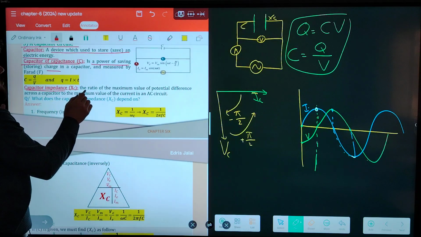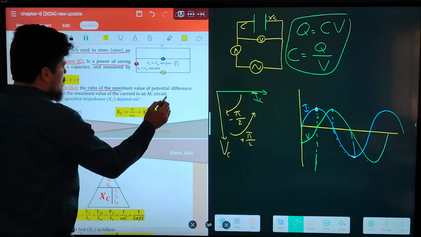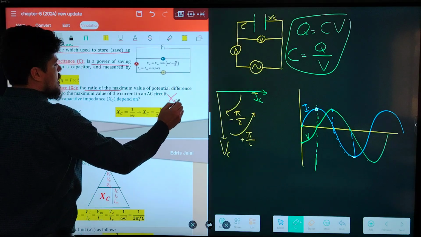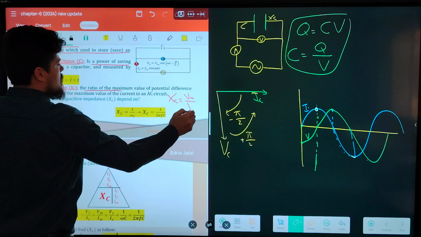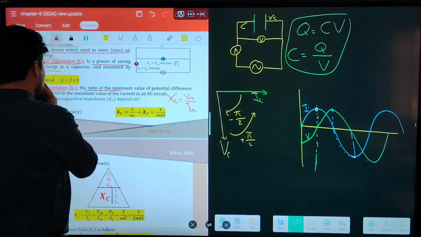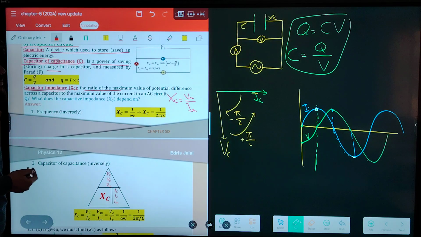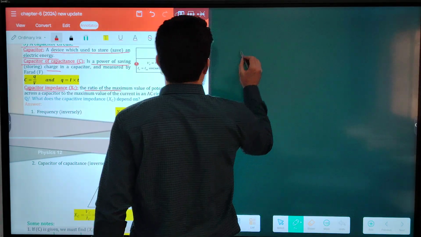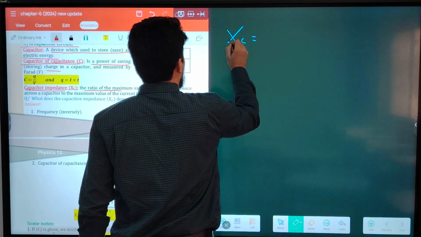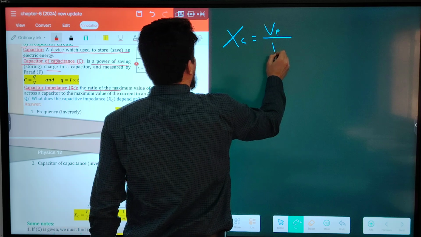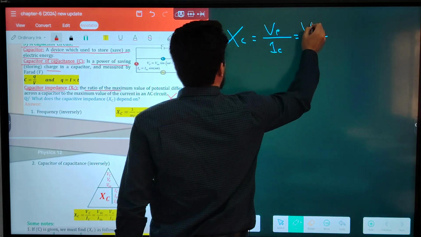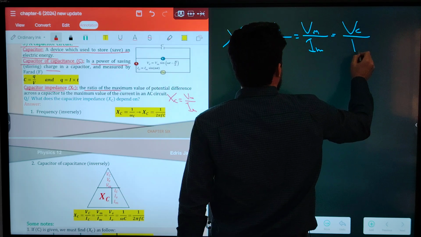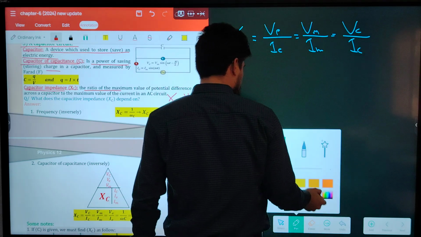What is the capacitor impedance? The ratio of the maximum value of potential difference to the maximum current. XC is equal to Vm over Im, okay? And also we can find the capacitor impedance by using Ohm's law: VE over IE, or Vm over Im, the V across the capacitor and the I across the capacitor.